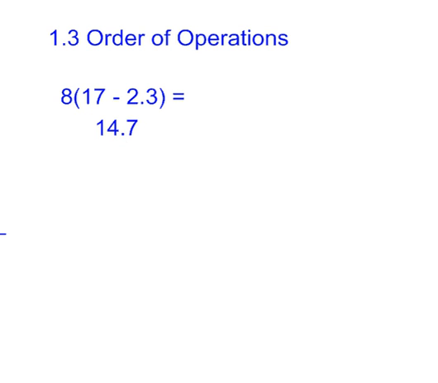And so we can rewrite the problem as 8 times 14.7. And we can use a calculator to find out that 8 times 14.7 is 117.6.